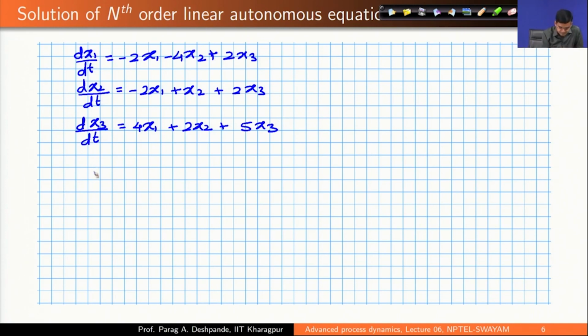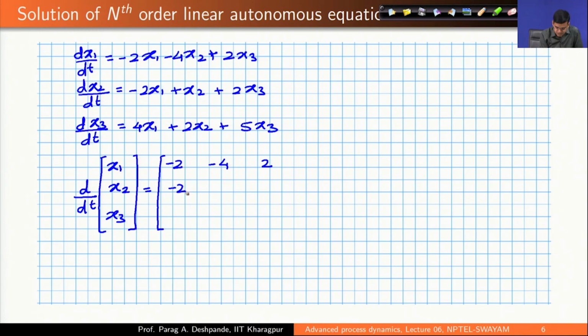So, my equation can be transformed to a matrix equation, which would be of the form d/dt of the dynamical vector (x1, x2, x3) equal to the matrix with rows (-2, -4, 2), (-2, 1, 2), (4, 2, 5), multiplied by (x1, x2, x3).